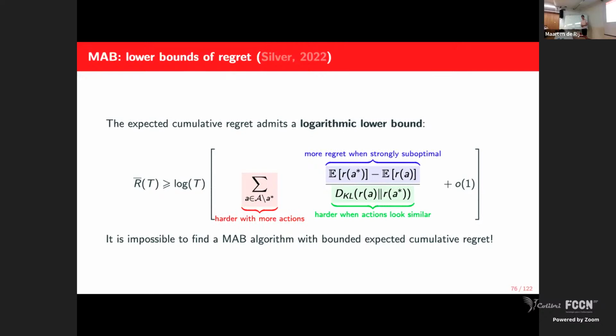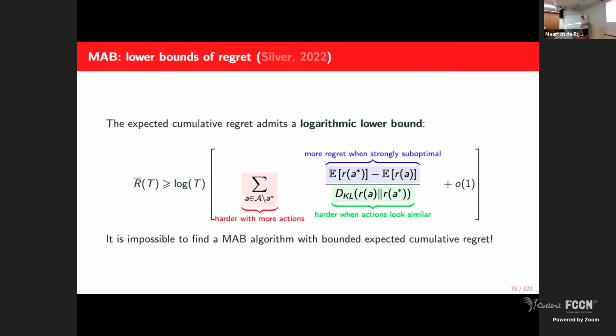So that's kind of a small defeat that we need to concede. But still, this is logarithmic, and the strategies that I showed you before, they are linear in the regret, because there is always a probability of taking a suboptimal action. So it means we have some progress to make.